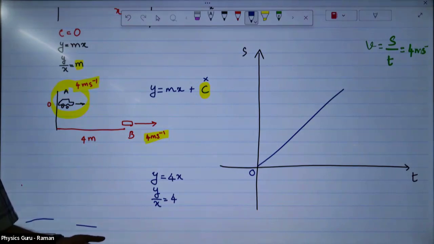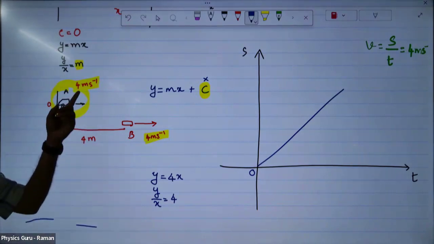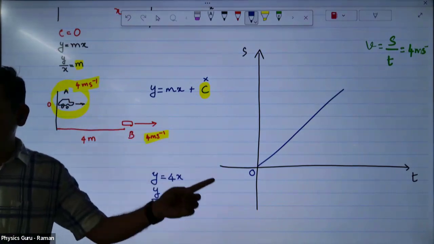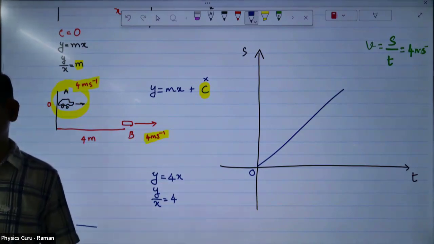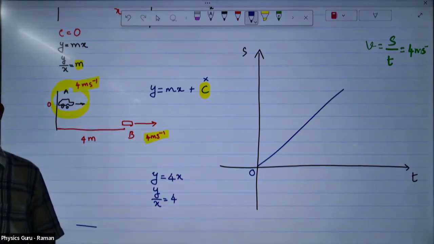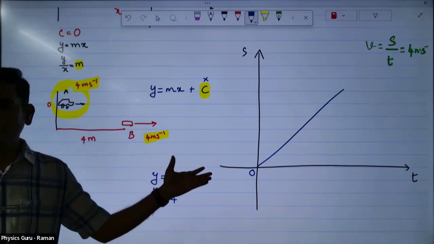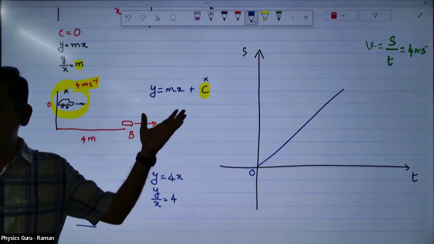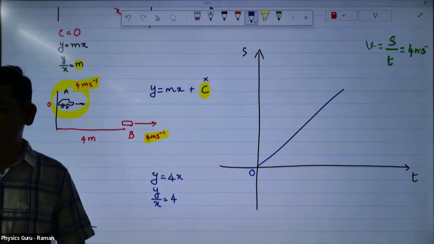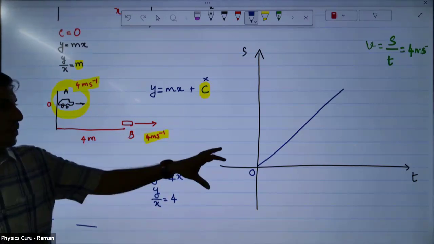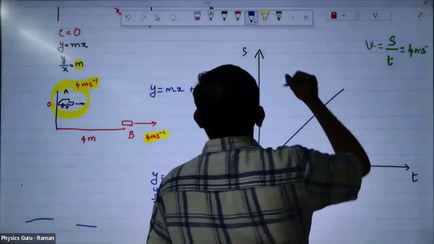Correct? Because the y-axis is displacement, the x-axis is time. Correct? Yes, sir. Okay. And he exactly started from the origin, so his c value becomes 0. So for the first person, we have plotted the graph.